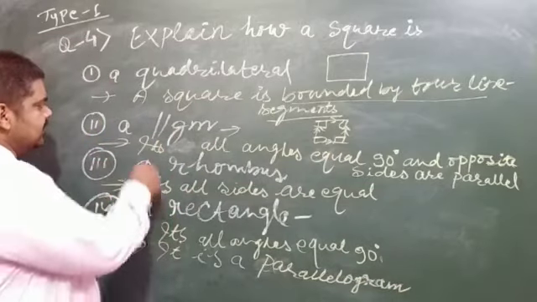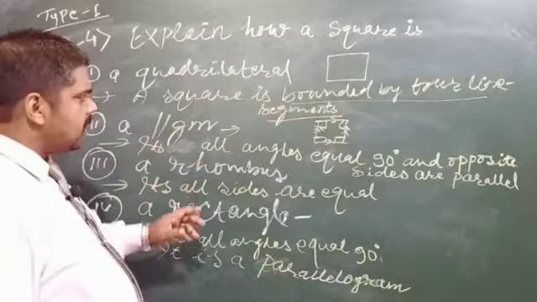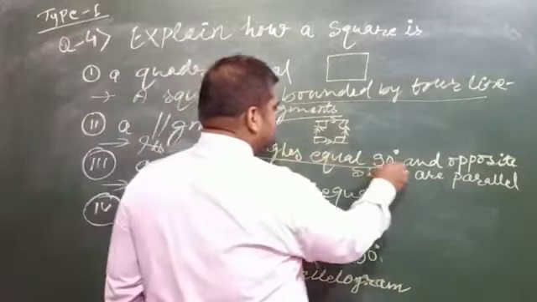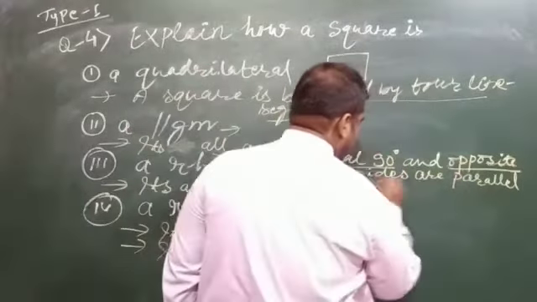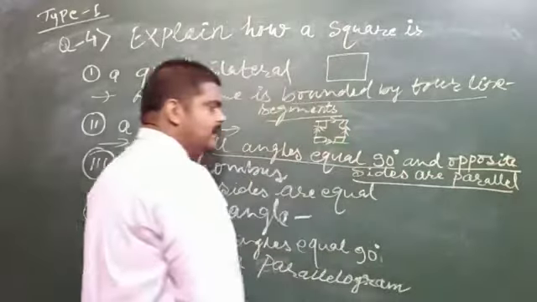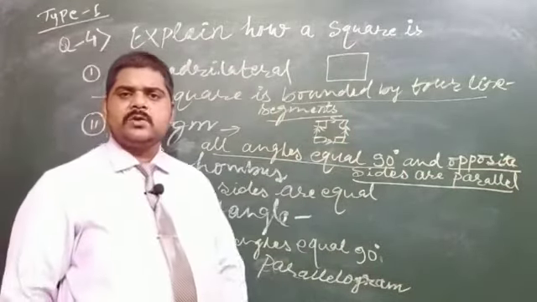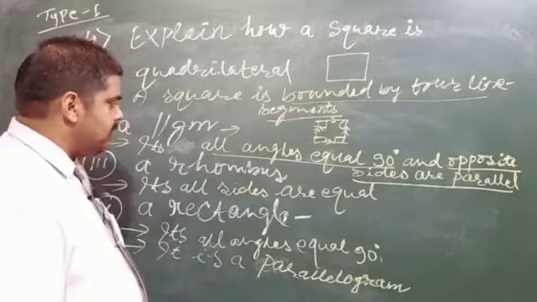Second, it is a parallelogram, and you can mention 2 reasons: its opposite sides are parallel, and those quadrilaterals whose opposite sides are parallel must be a parallelogram.